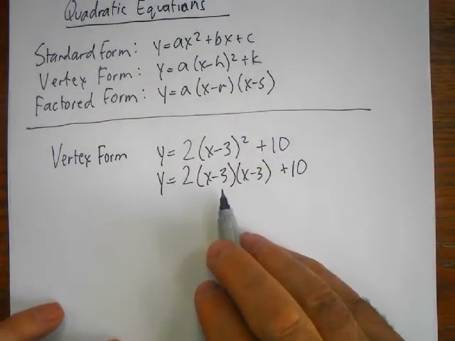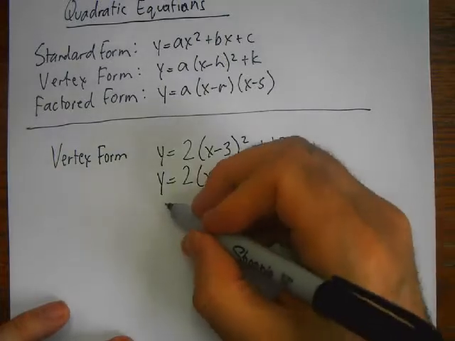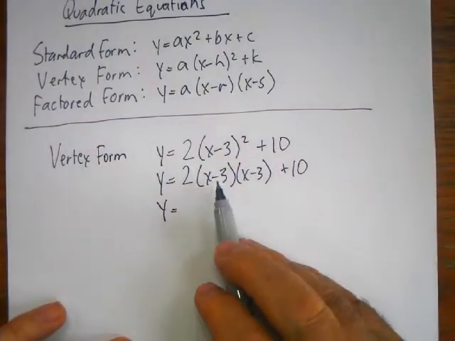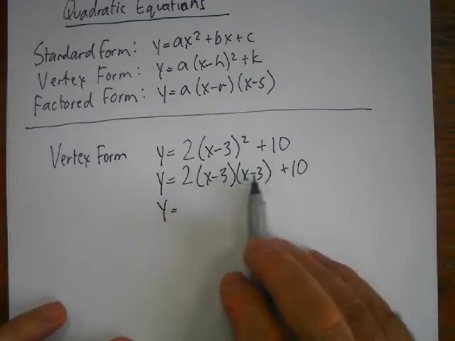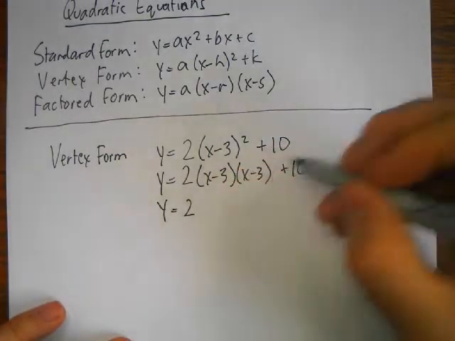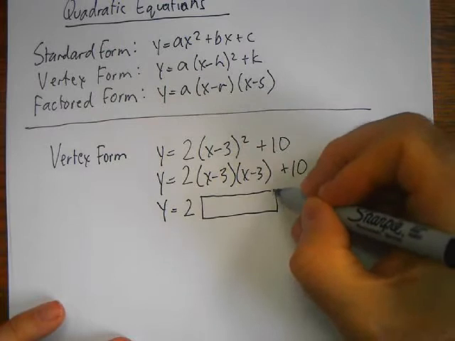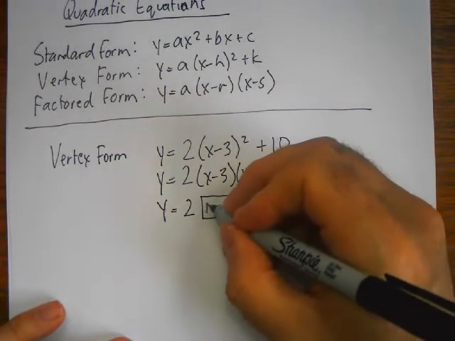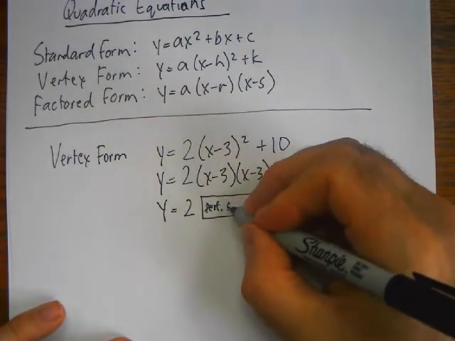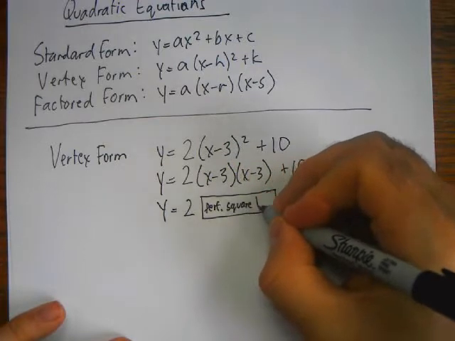If you remember way back earlier in the course, what do we call two binomials that we multiplied together? Well, that is a perfect square trinomial.